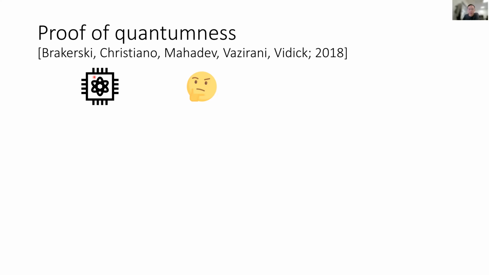But if the prover is classical and efficient, then no matter what the prover does, he cannot convince the verifier that he is a quantum party or algorithm.